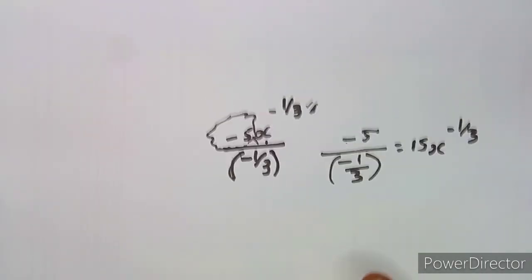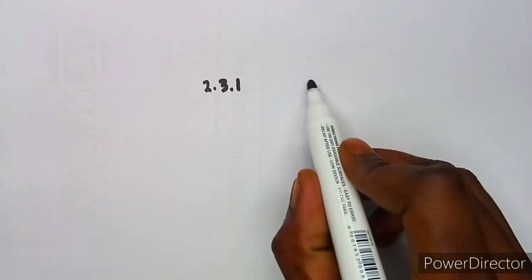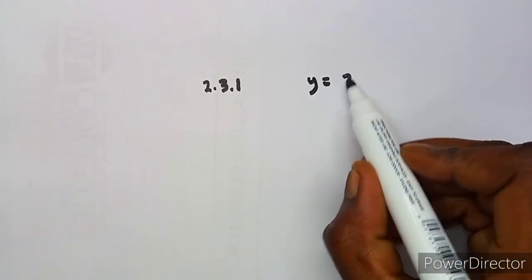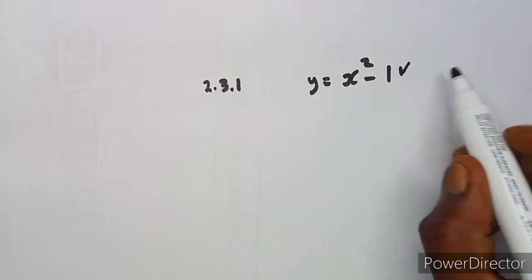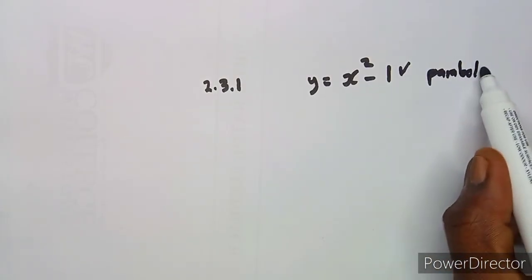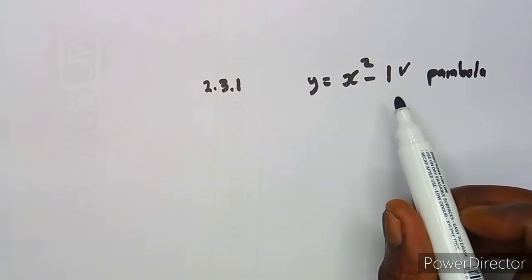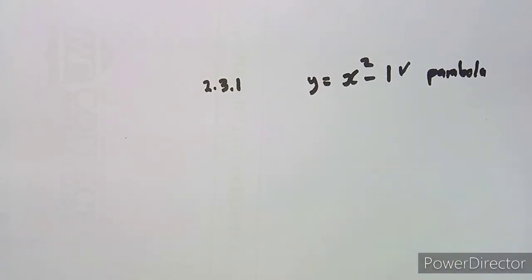And the other thing, whenever you sketch a graph, you are supposed to at least understand the concept of the function that you are working with. So this is actually a parabola, which is a quadratic graph. Let me indicate what I'm saying here.